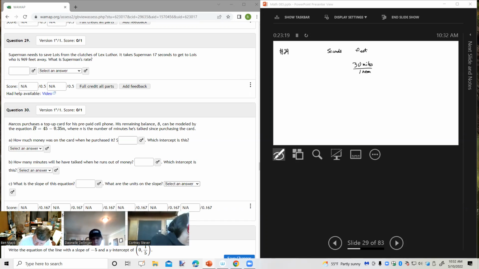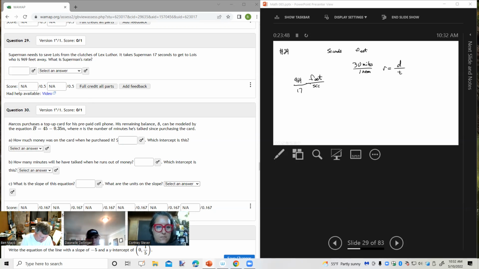So basically it's distance divided by time. So a rate, like 30 miles per hour, is distance divided by time. Following that pattern, it would be feet per second.